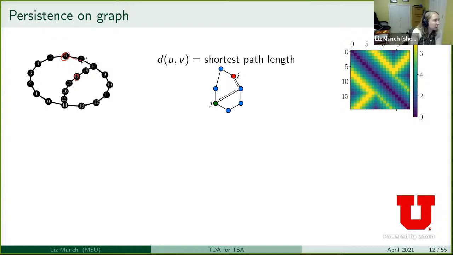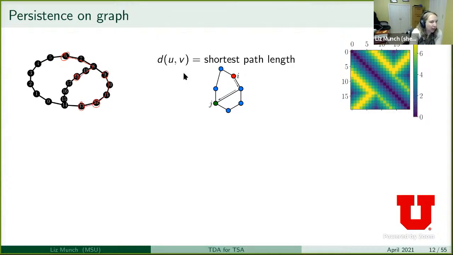In this case, my shortest path probably goes that way. So my distance between vertex 6 and vertex 18 is 1, 2, 3, 4. And I can keep track of all of that information. The pairwise distance between any two adjacent vertices is 1, and if you go further around, you can get larger values.